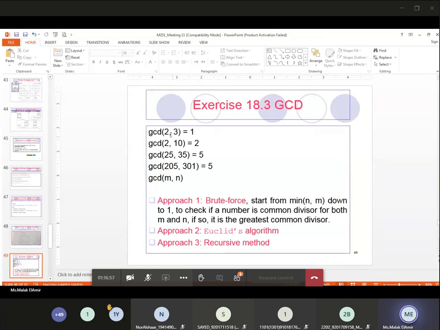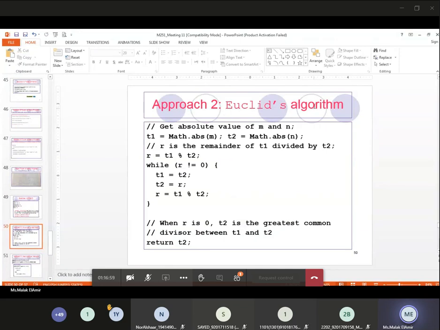Okay, so this is the Euclid algorithm. In the Euclid algorithm, I'm going to take the absolute value of both numbers, يعني إذا كان واحد منهم بالسالب, I'm going to just take the absolute value, and then each time I'm going to get the remainder and keep it.